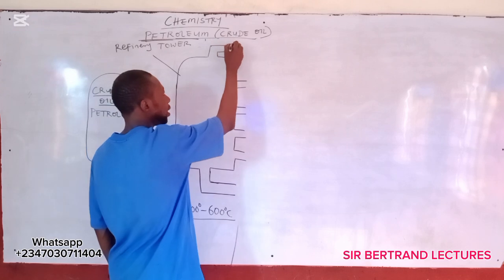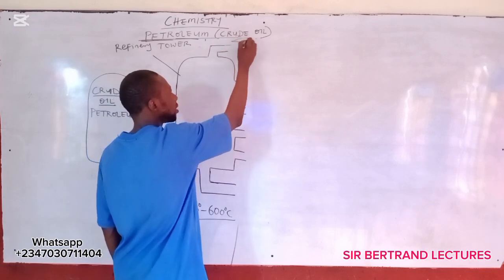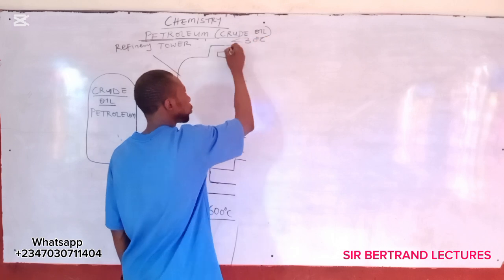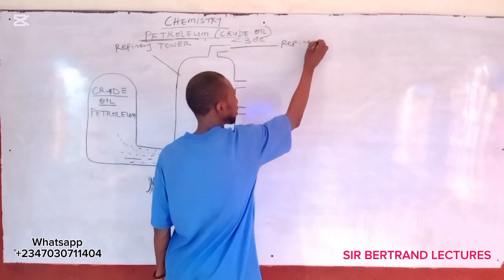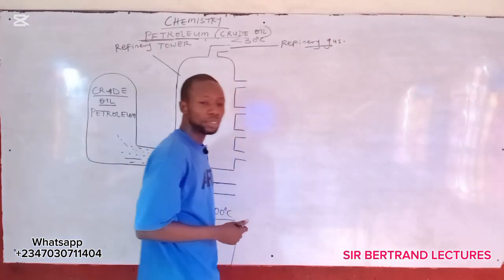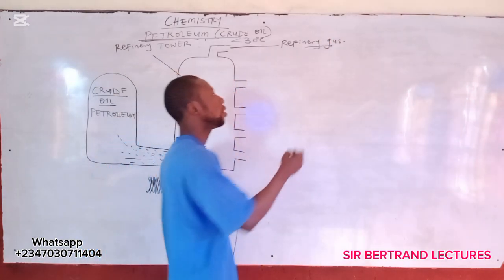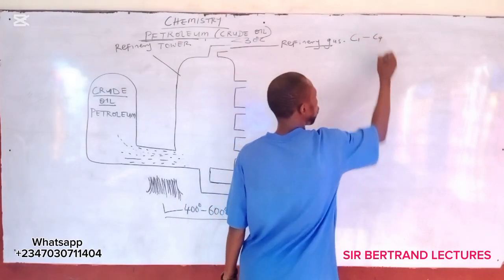At this point, the temperature is less than 30 degrees Celsius. What is refined here is refinery gas, which is the simplest mixture of petroleum. It contains carbon 1 to carbon 4.